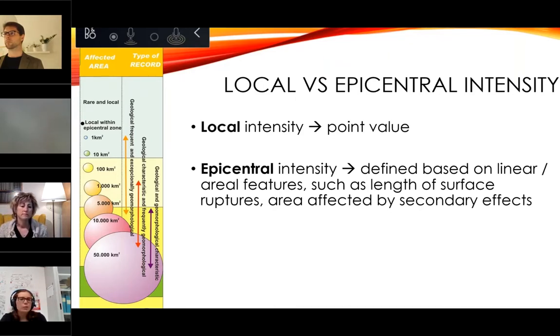So yeah, it's important to stress this point, because the definition is different, even if we call both of them epicentral intensity.